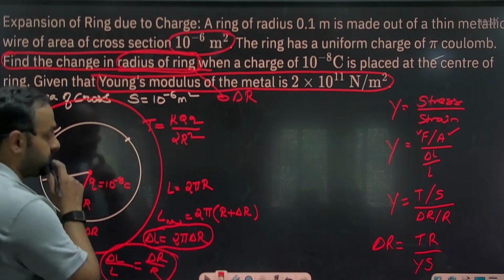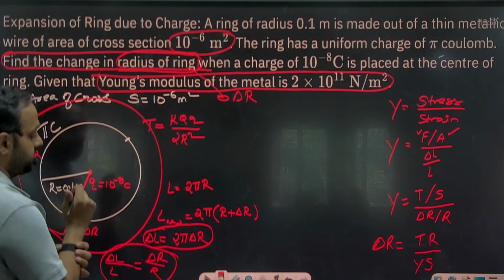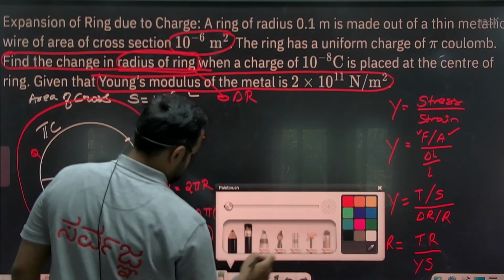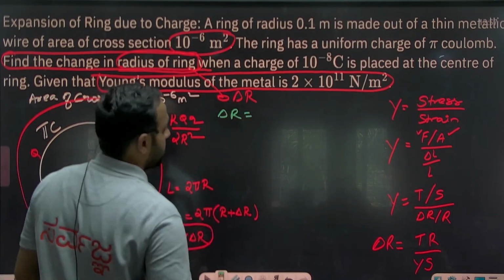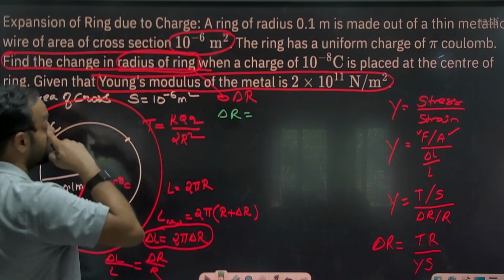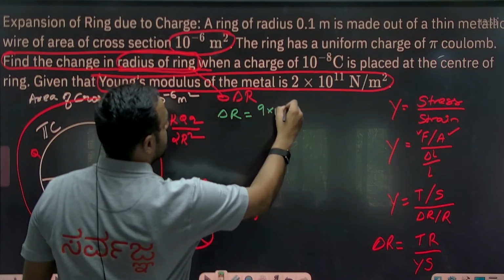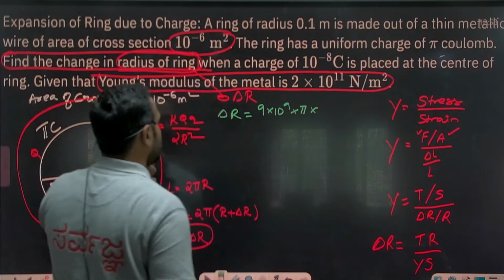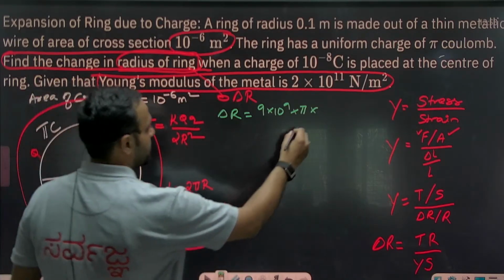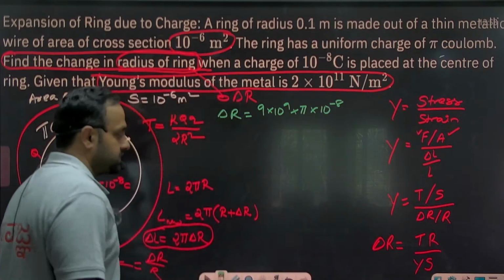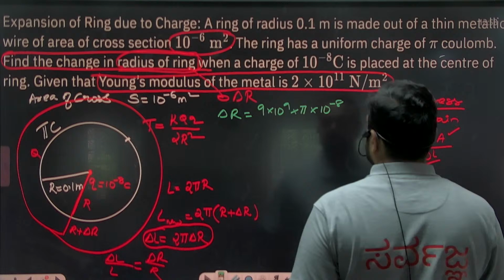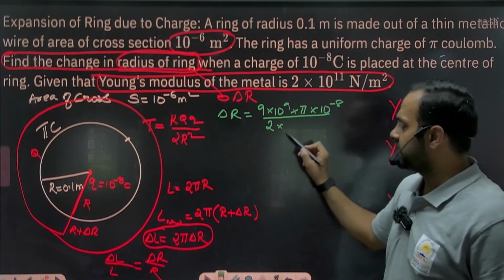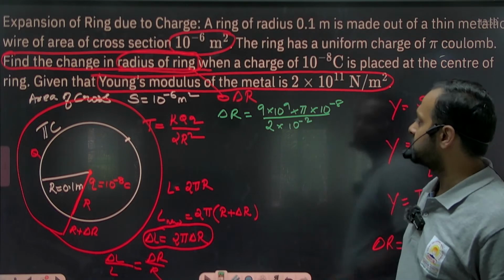What will that be? T is KQq. K is 9 into 10 power 9, multiplied by Q, which is pi coulomb, pi multiplied by small q, which is 10 power minus 8, divided by 2r square, where r is 10 power minus 1, which gives 10 power minus 2.